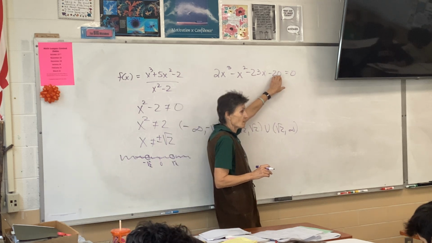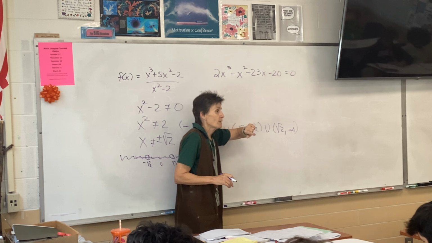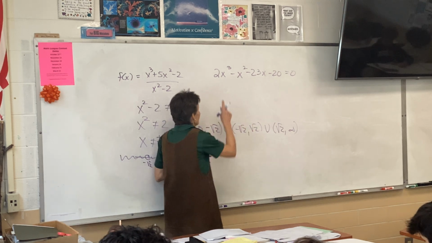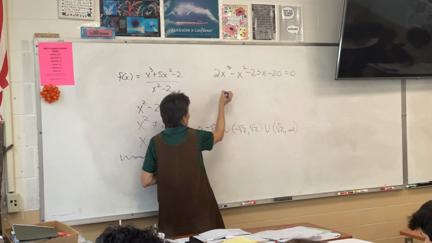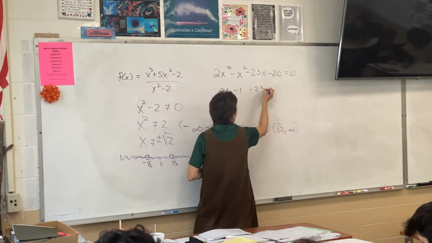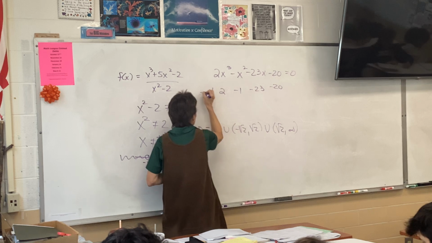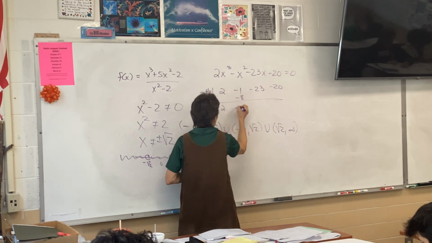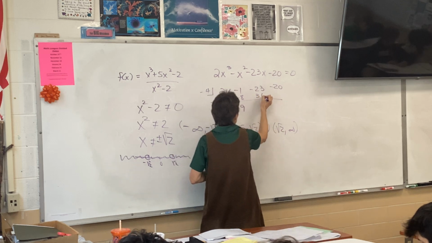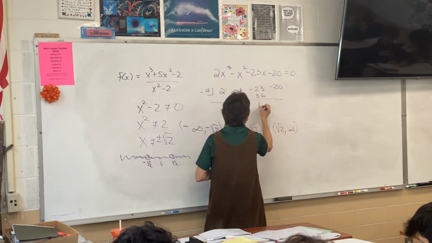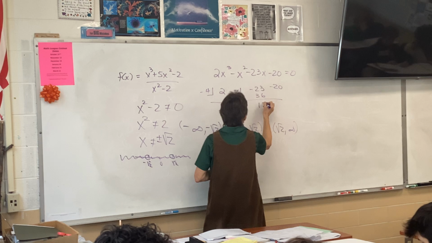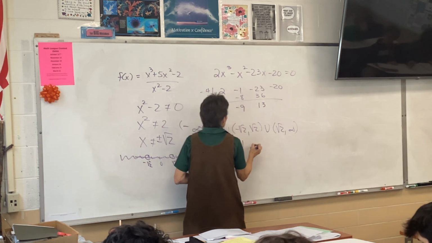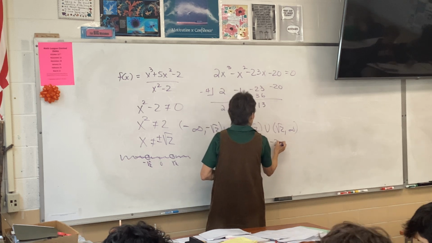So we're going to start guessing some numbers, and they would be factors of 20 over 2. So what do you want to try? Negative 4. I don't think negative 4 is going to work. Negative 2.